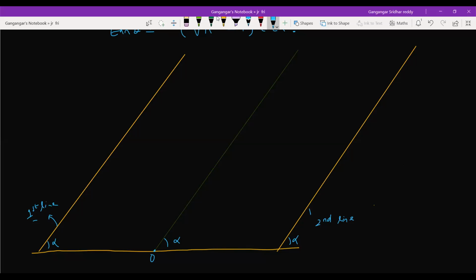Then it is projected in such a way that it will graze one and it will strike normally the other line. So I'll project it.